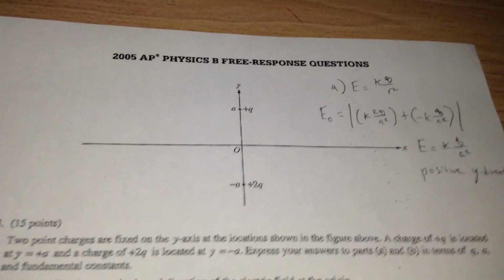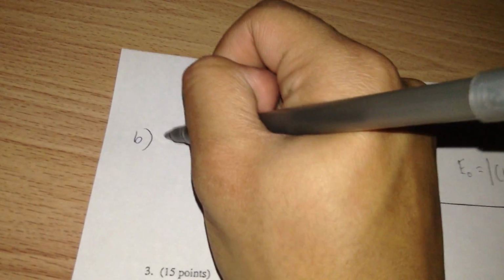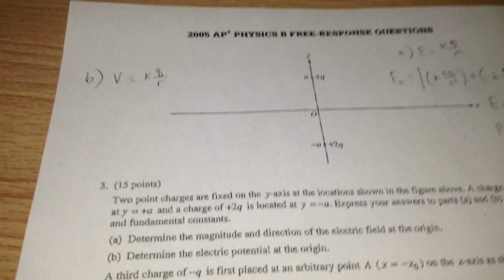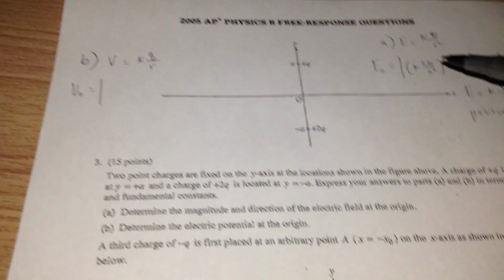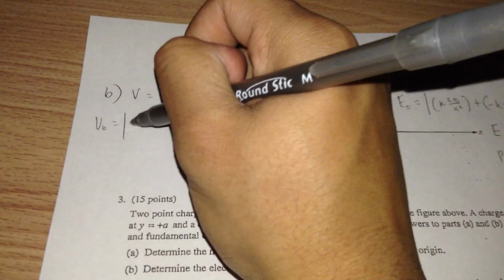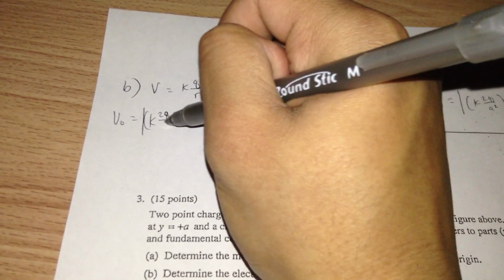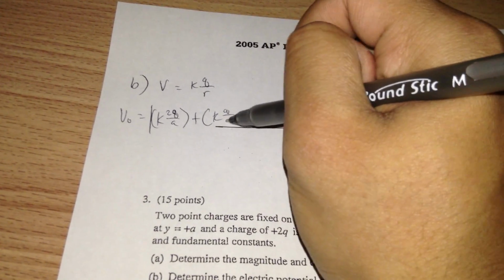Part B is asking to determine the electric potential at the origin. Once again, we have V equals kQ over r, and once again we have to add because we have two charges. So V0 is equal to k 2q over a plus kq over a.